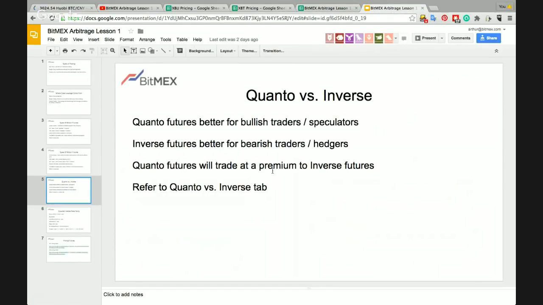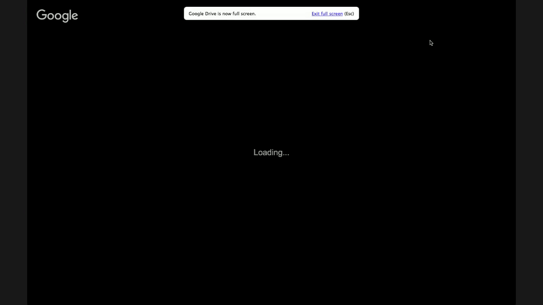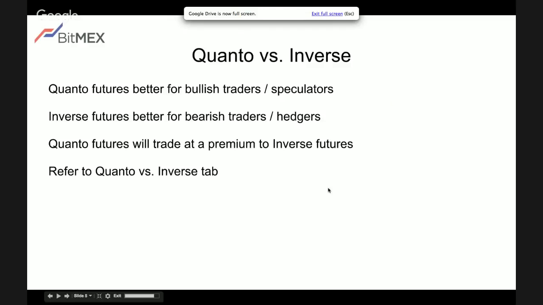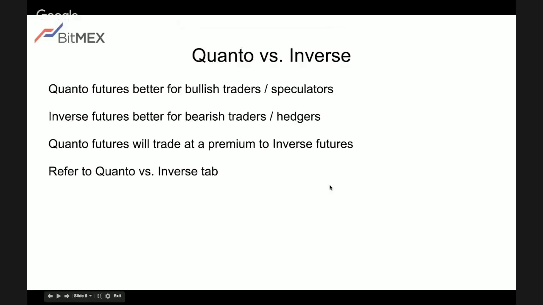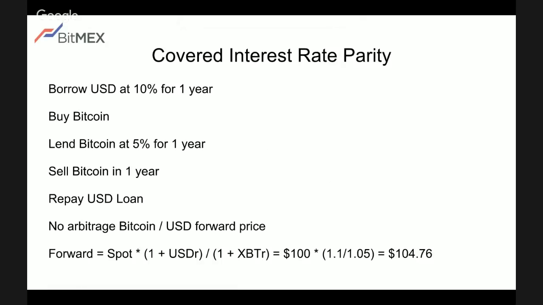Okay, now that we've gone over exactly how the differences of Quanto and inverse futures contracts present themselves, let's take a step back and cover some more first principles about how to price a futures contract. For Bitcoin futures contracts, the most important financial identity is covered interest rate parity.